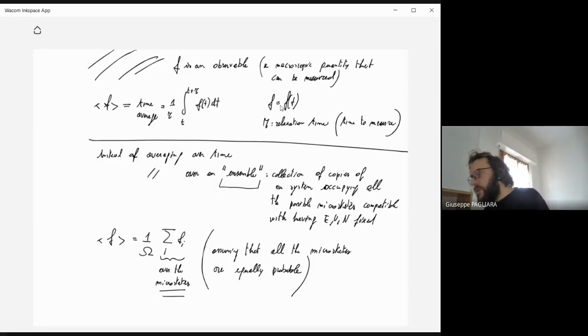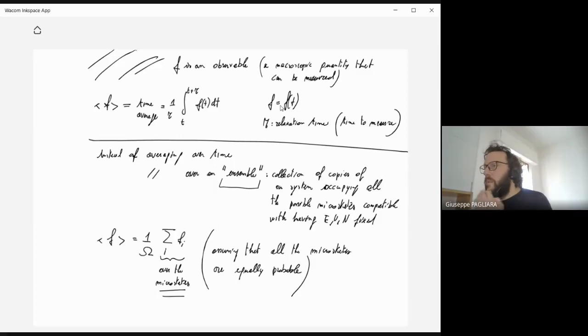Now, this procedure is the basis of what is called the microcanonical ensemble, and we will come back to this in a moment. But actually, we have seen already something similar in the past, in the situation we analyzed in which we had a certain number of particles with k possible states, and at some point we said that at thermodynamical equilibrium all the states are occupied with the same probability, which was 1 over k.